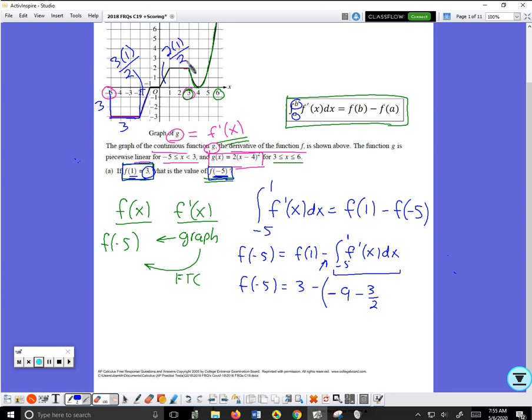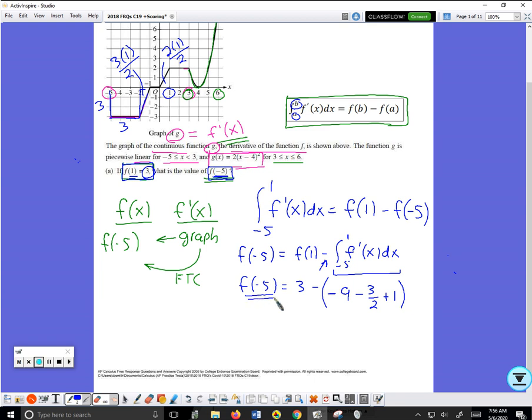That counts positively. So that got us all the way to 1. So that's the integral. So I have found the value of f of negative 5.